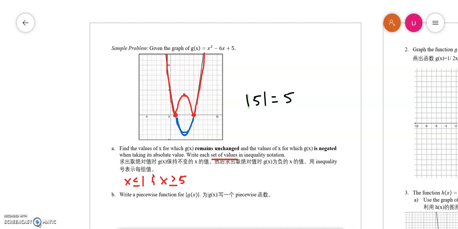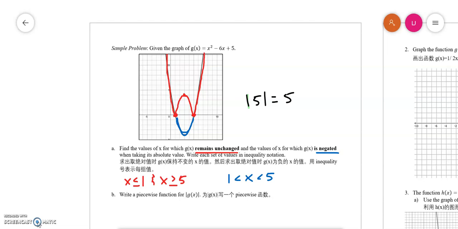So the red graph is the absolute value of g of x. And let's just do the negated section. That's between 1 and 5. And we already used our equal signs in the other section, so let's not use them here. That's where we have a negation versus remaining unchanged.